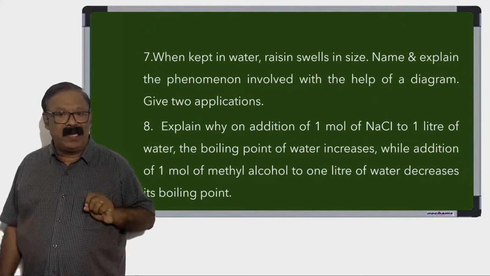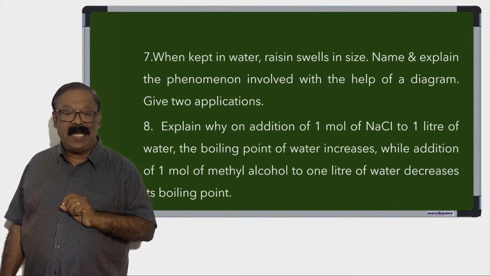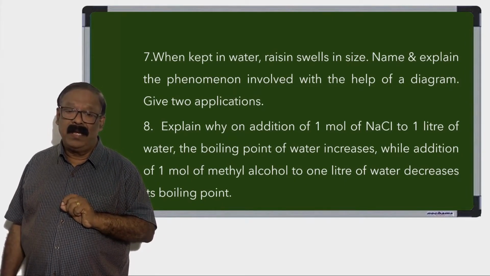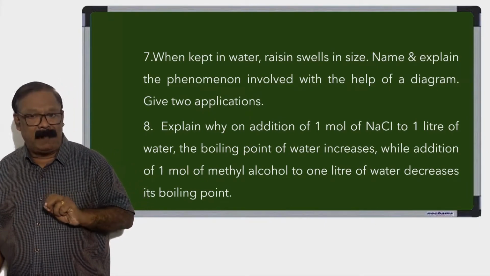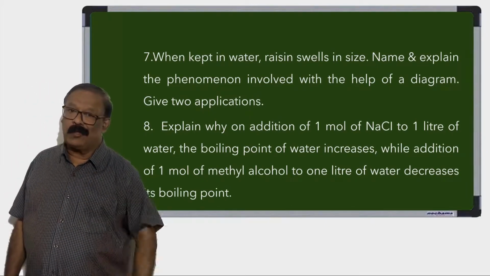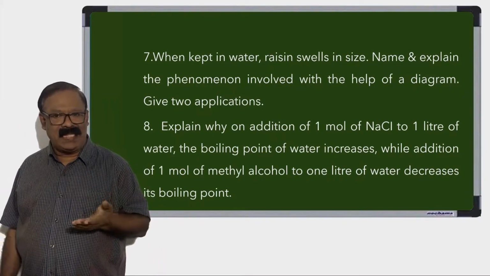When kept in water, raisin swells in size. Name and explain the phenomenon involved with a diagram. Give 2 applications. It swells due to the process of osmosis. Water will be entering the raisin.